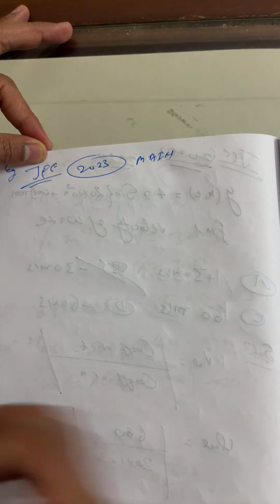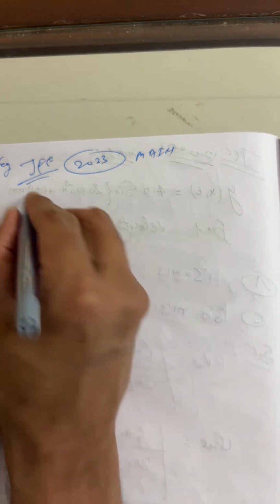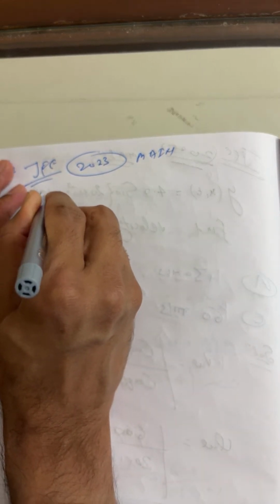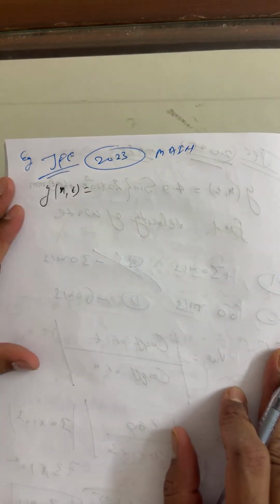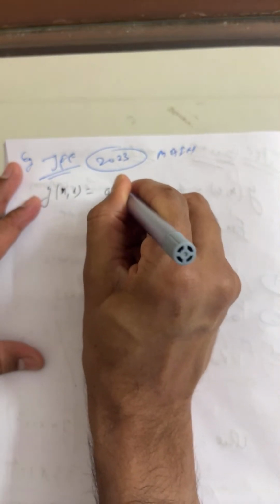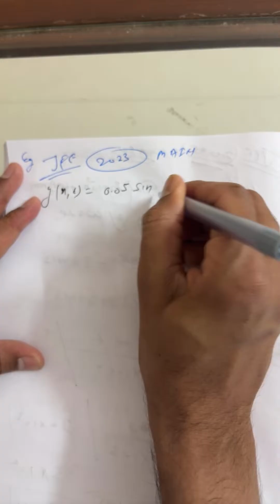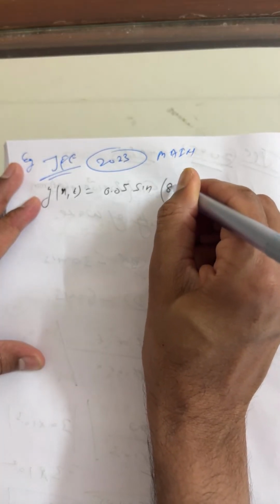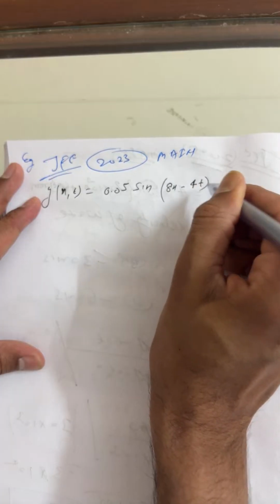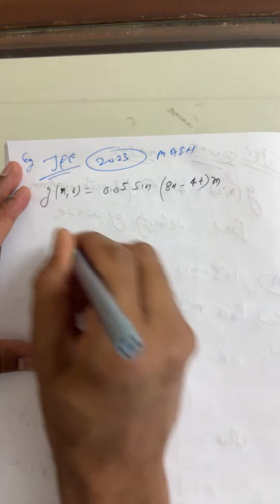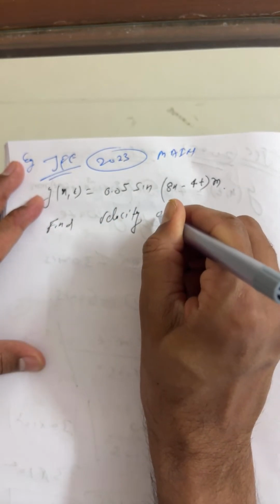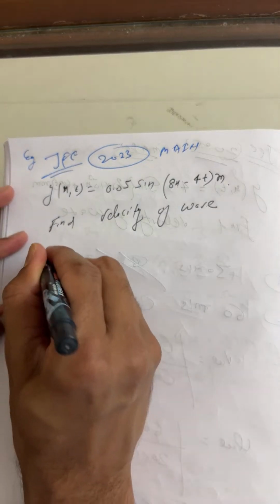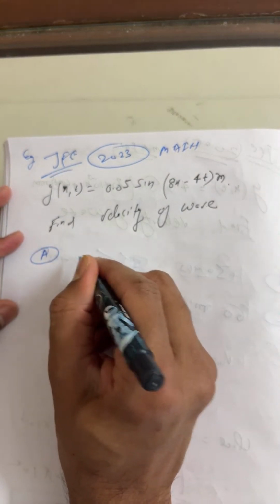So what does the question say? y as a function of x comma t is 0.05 sin of (8x minus 4t) in meters. Find the velocity of the wave.